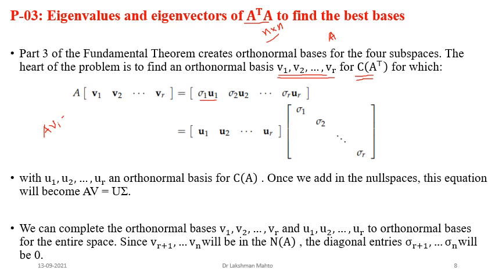Sigma i is actually the singular value of A, and if you take the square of that, it would be the eigenvalue of A transpose A. So sigma i comes from the eigenvalue of A transpose A. That means you have the information about sigma i.